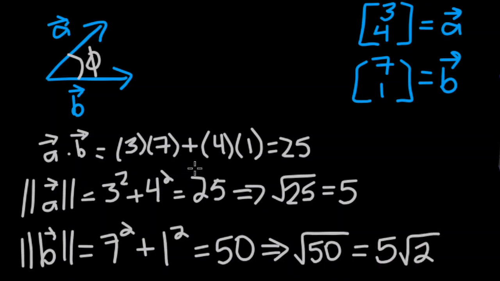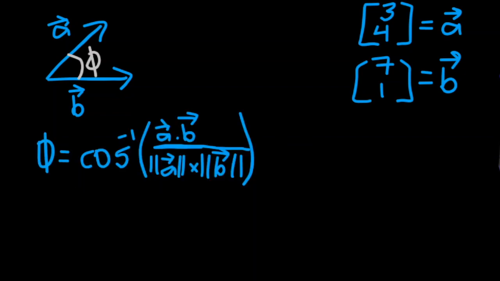So now we have to take both magnitudes, 5 and 5 root 2, and plug it into this equation. This formula here says that phi equals the arc cosine of the dot product of vectors A and B over the product of the magnitudes of both vectors.